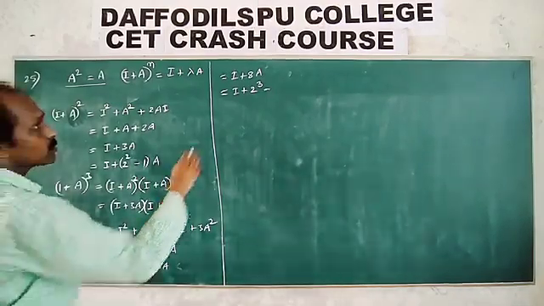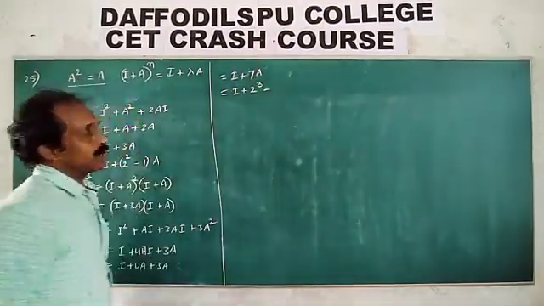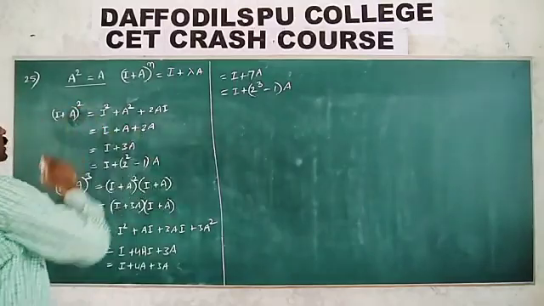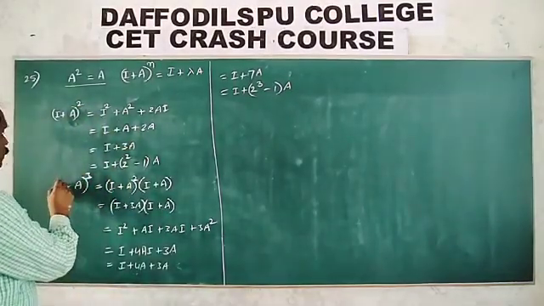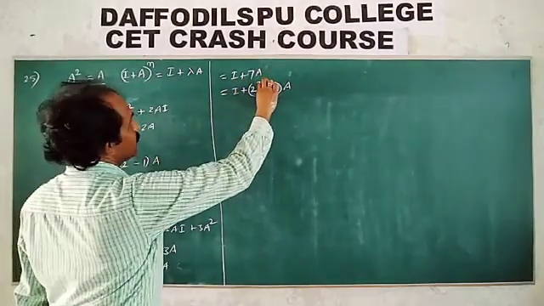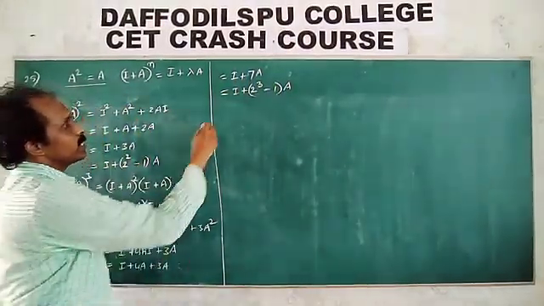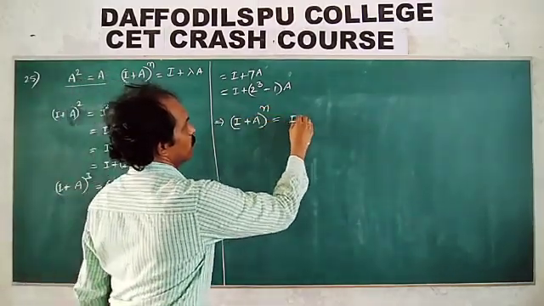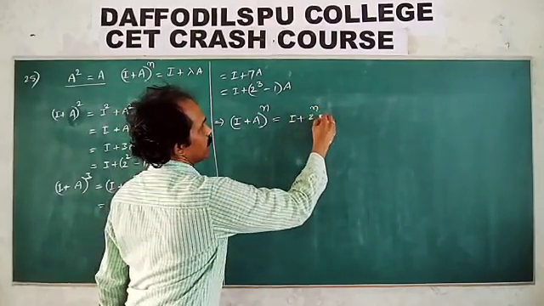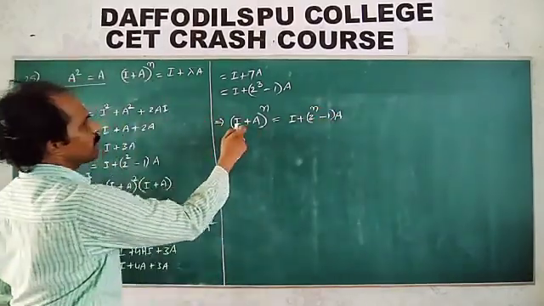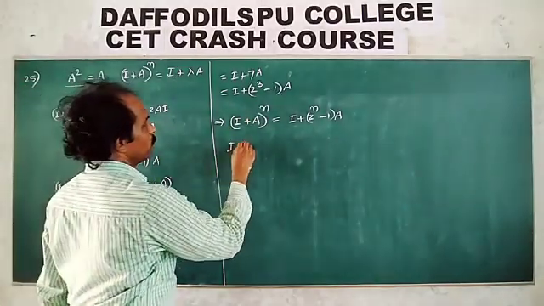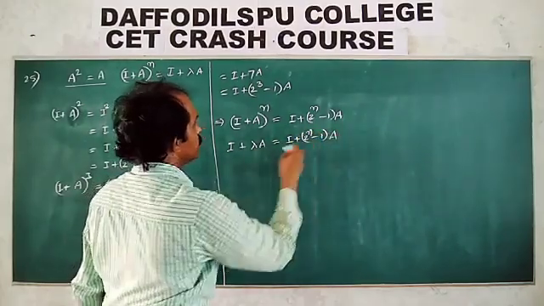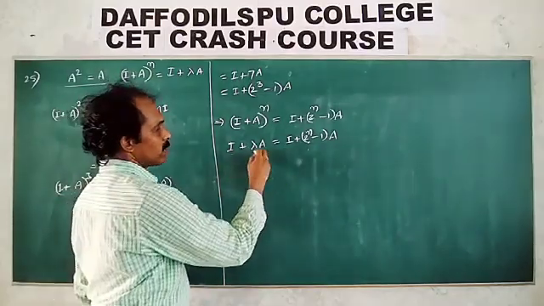7 can be written as 2 cube minus 1, into A. So (I plus A) whole cube is equal to I plus (2 cube minus 1) into A. That implies (I plus A) whole power n is equal to I plus (2 to the power of n minus 1) into A. But given (I plus A) whole power n is equal to I plus lambda into A, so compare the LHS element with the RHS element.